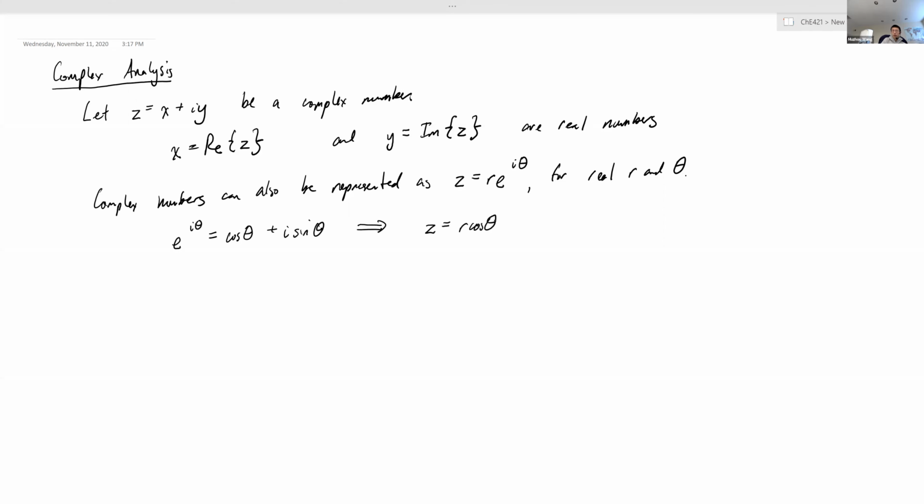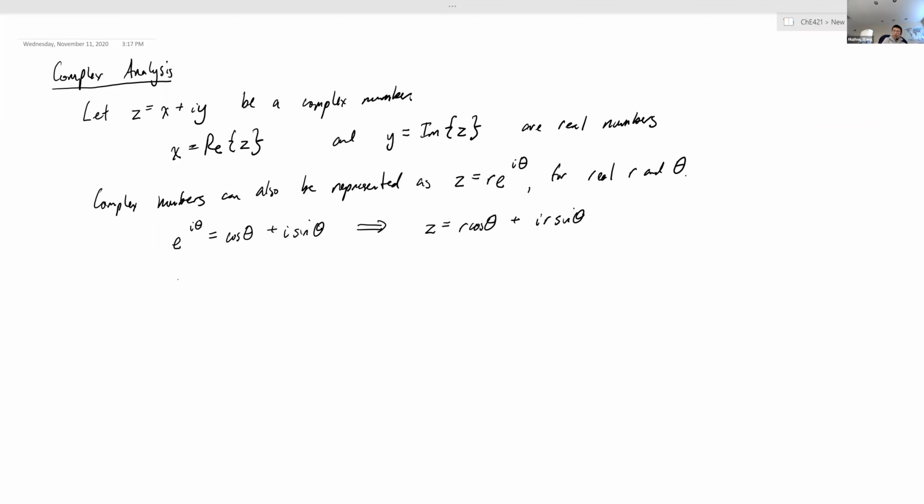r times cosine theta plus i times r times sine theta. Okay, and this is kind of convenient because you can immediately see that this gives us a polar representation, how to represent complex numbers in polar coordinates, right?